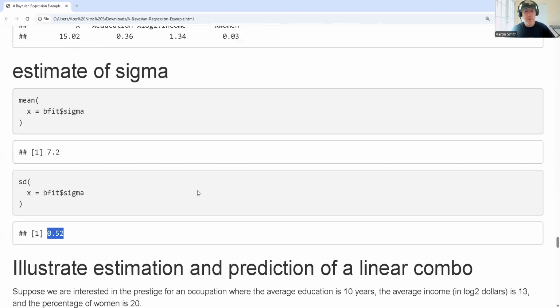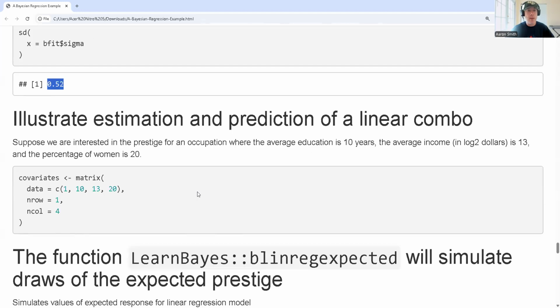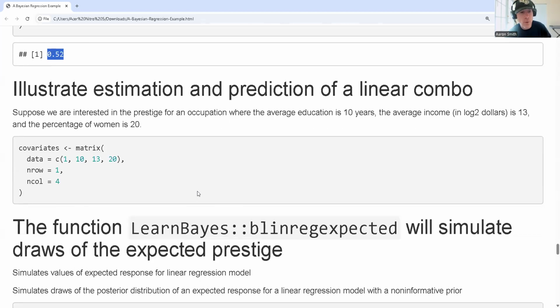Now let's say we're interested in a particular occupation. That occupation has average education of 10 years, the average income in log dollars is 13, and the percentage of women is 20.